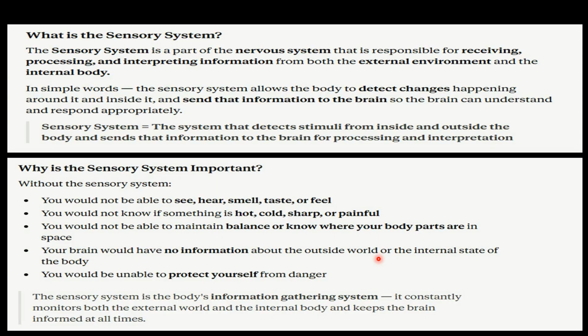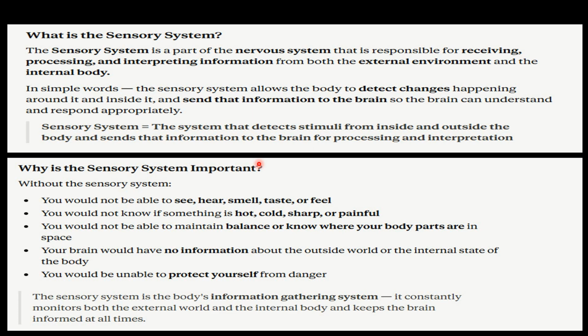Alright, so let's see what the sensory system is. If someone asks you directly in an interview or exam, what is the sensory system, you can simply say that a system which is a part of the nervous system that is responsible for receiving, processing and interpreting information from both the external environment and the internal environment is called the sensory system.